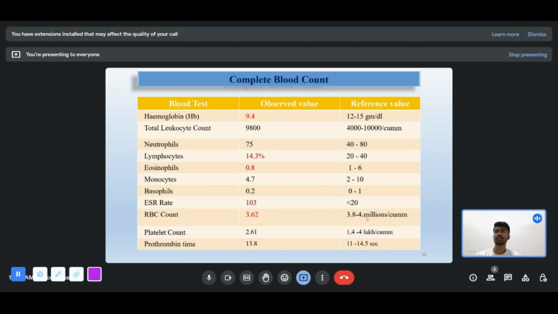The kidney secretes the hormone called erythropoietin, which is necessary for the production of red blood cells, and this cannot be performed in a proper manner. So there is a chance of decrease in the number of red blood cells. Then the ESR ratio, erythrocyte sedimentation rate, is also decreased because of the lesser number of RBCs.